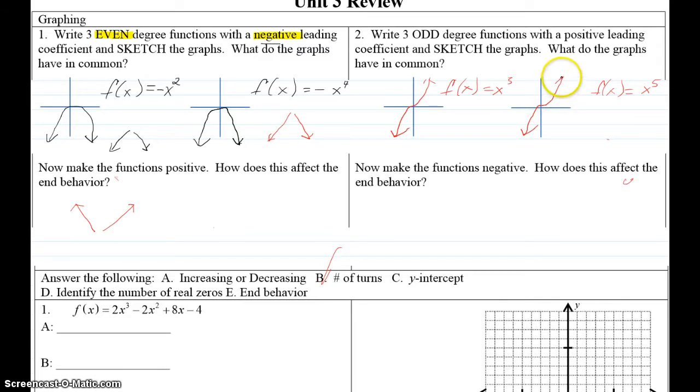And so what I want to look at is the end behavior. As this one goes to negative infinity, it's going down. As it goes to positive infinity, our function goes up to positive infinity. Same thing here.